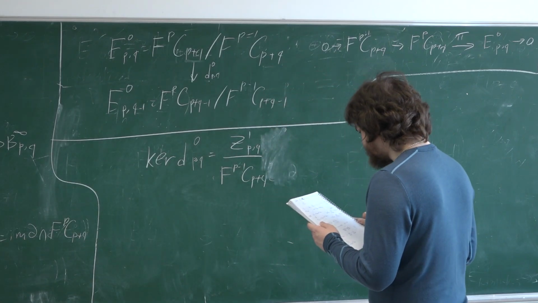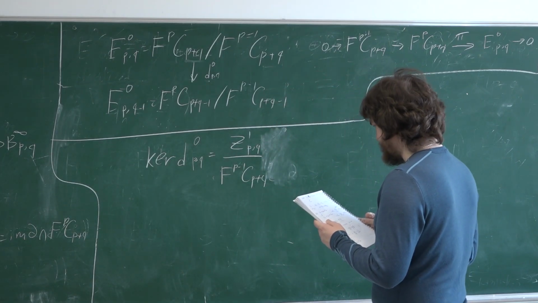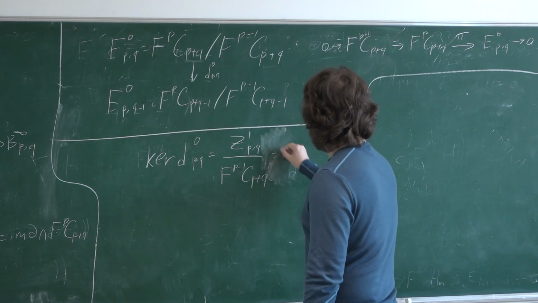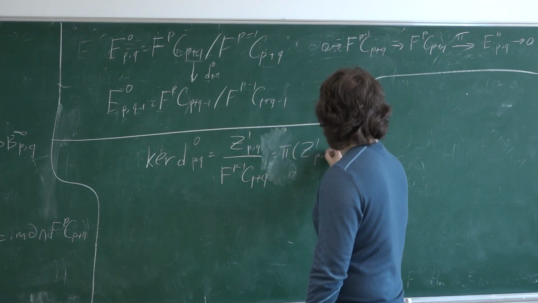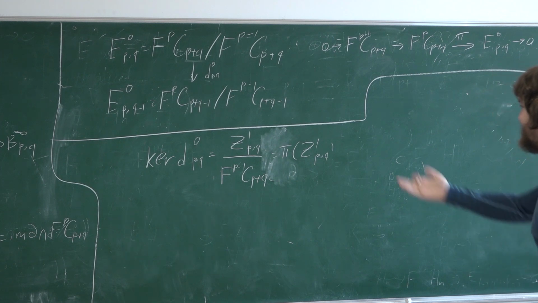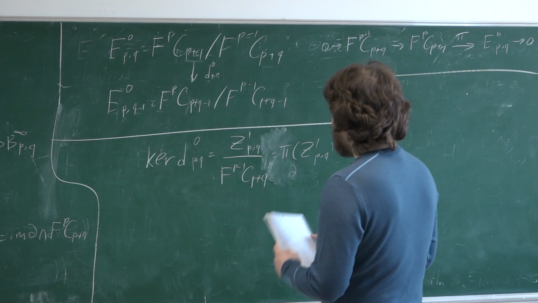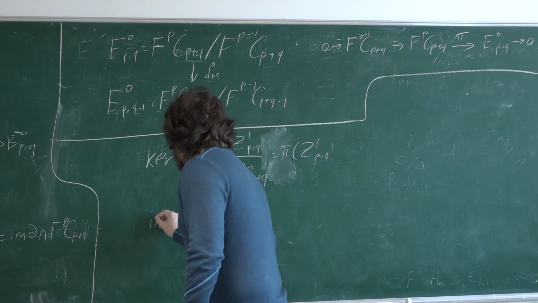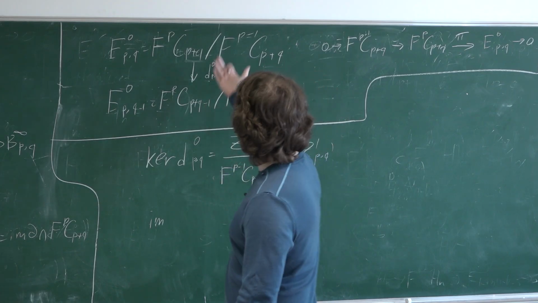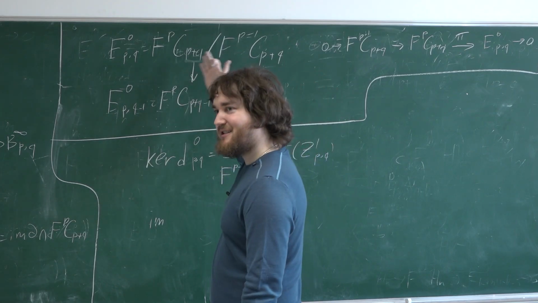Okay. It's pi of Z1^{PQ}. Pi is the projection, projection modulo F_{P-1}. And what's the image? The image of the previous one, because I want to understand the homologies.